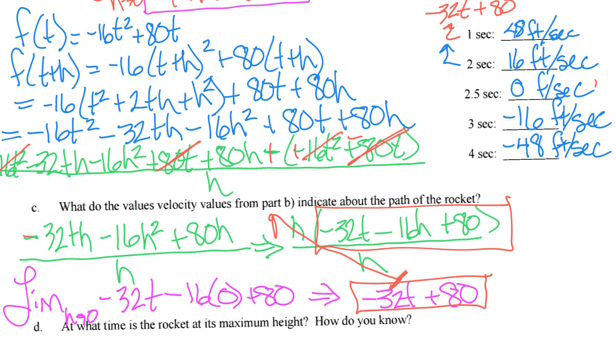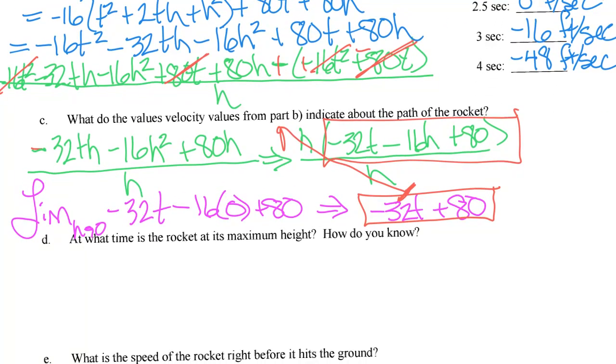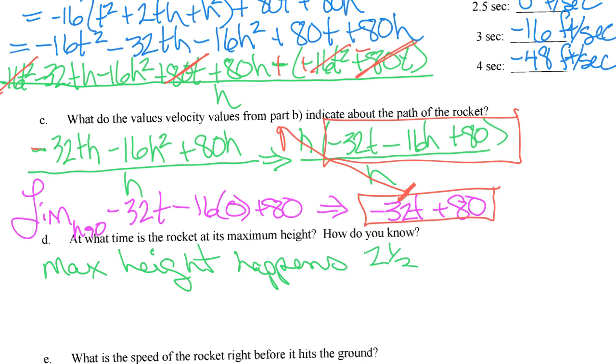Let's go down to part D. Part D says, at what time is the rocket at its maximum height? Well, as we just said, the maximum height happens 2.5 seconds after it has been launched.